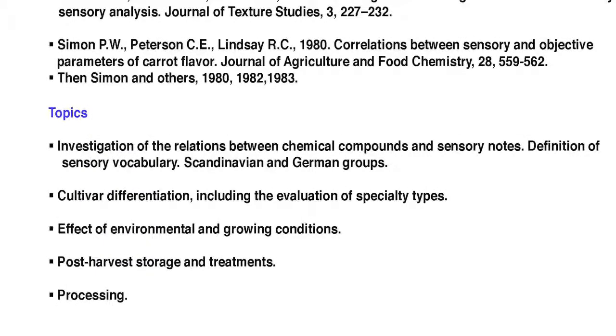The basic studies relating chemical composition to sensory notes, the definition of vocabulary for sensory evaluation, then typical agronomic problems, cultivar differentiation, or the effect of environmental and growing conditions, and especially post-harvest, storage and processing. Why especially?